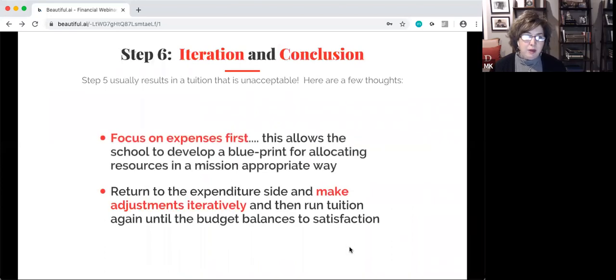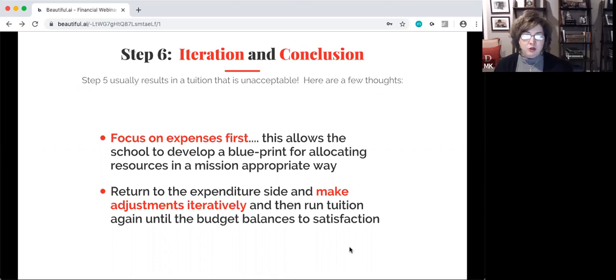When you think about that tuition, what we're trying to get you to think about is, what does it cost to run our program, and what do we need to be charging our families? And that is why you want to do it the way we're suggesting. Once you see that tuition is a number that maybe you can't charge, then here are some things you do. Number 1, you go back and look at your expenses. For me, this makes so much sense because this is what I would do in my daily life.